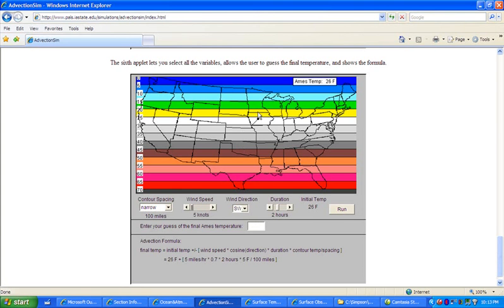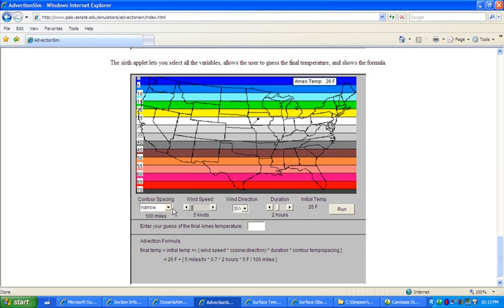Notice that according to this example, we've got a temperature of 22 and a temperature of 30, so there's about an 8-degree change across Iowa. In the actual observations, there's a 10-degree difference, so we're pretty close there. Let's go ahead and run this. Notice that the initial temperature is 26.